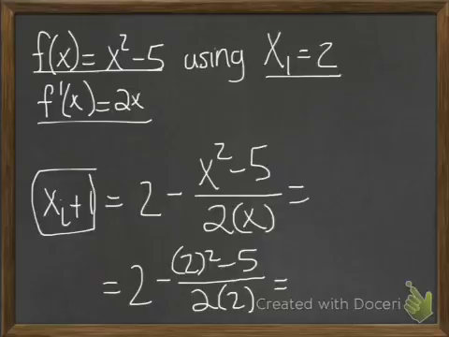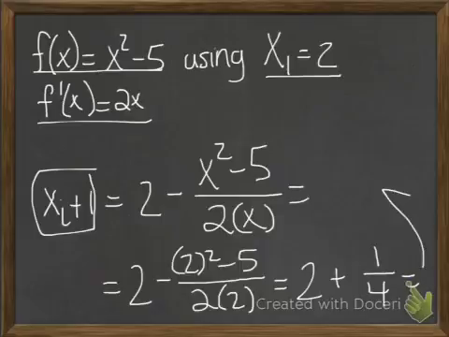And when we solve this and simplify it, we have 2 minus negative 1/4. I apologize, that's 2 plus 1/4. There's going to be a double negative, so of course that's going to cancel and turn positive. And when we solve this, we get an answer of 9/4.